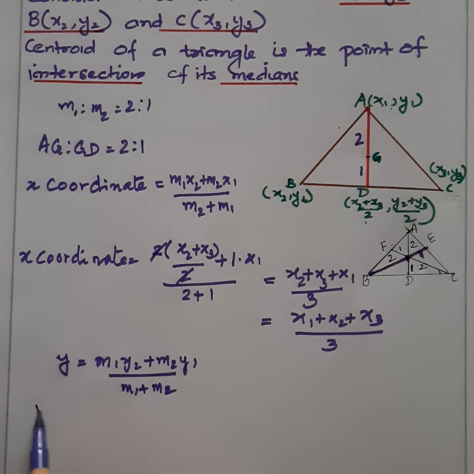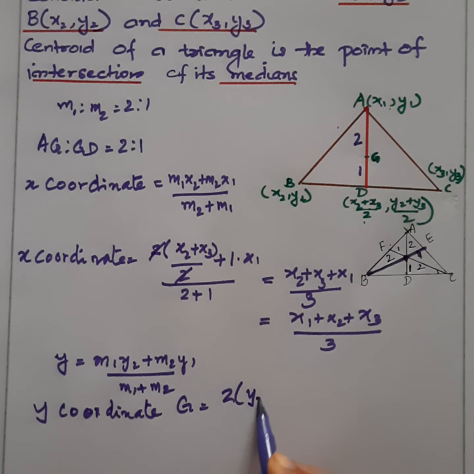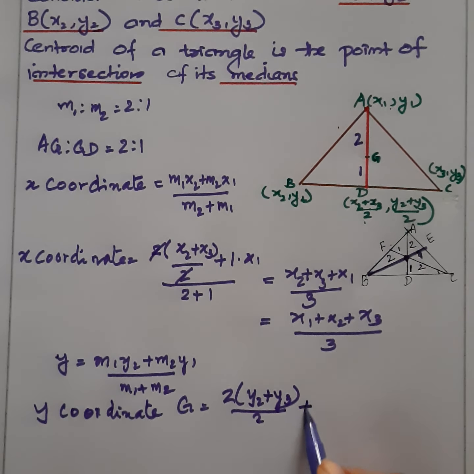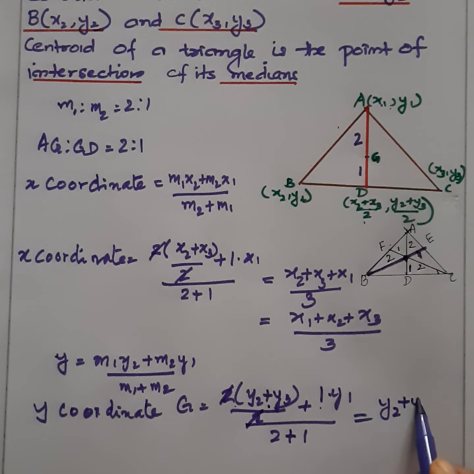Now let us see what the y coordinate of G is. The y coordinate of G is equal to 2 into (y2 plus y3) by 2, plus 1 into y1, divided by 2 plus 1. This is m1y2 plus m2y1. So here also the 2 gets cancelled, right? So this is (y2 plus y3 plus y1) by 3, or the same as this, the sum of all the y coordinates by 3.